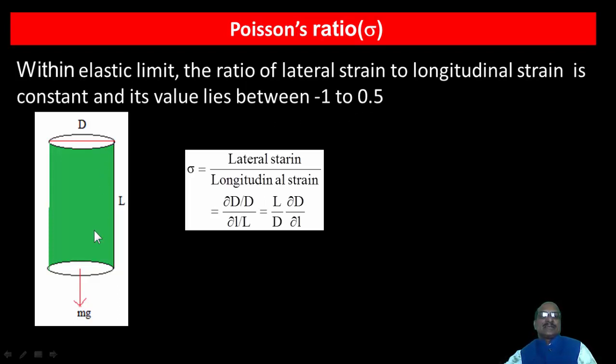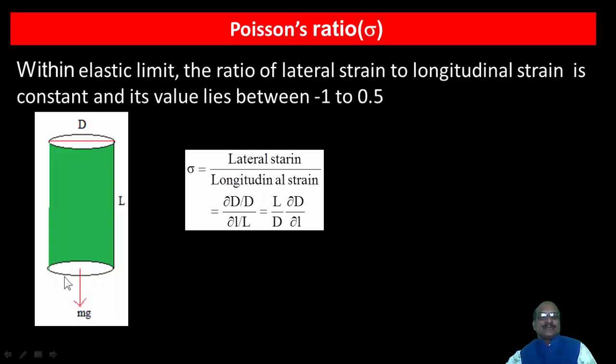Now let us consider a rubber tube that is suspended from a rigid support. One end is fixed and another is loaded with mass mg. Then we see that there is a change in length of this rubber tube due to the deforming force mg applied to one end.